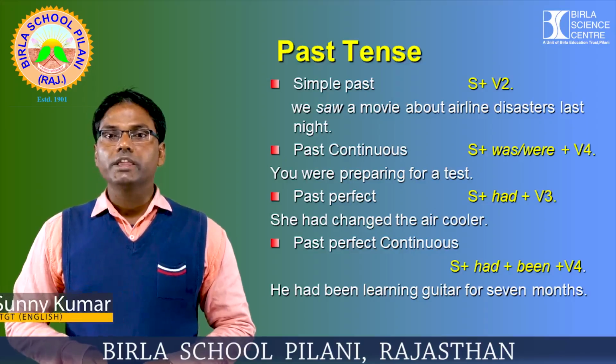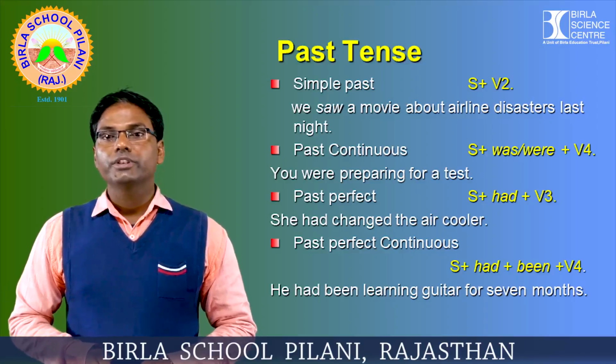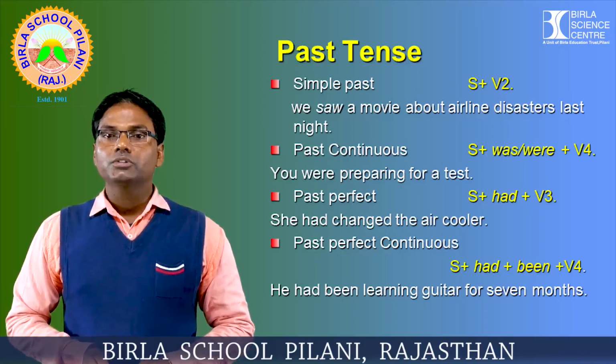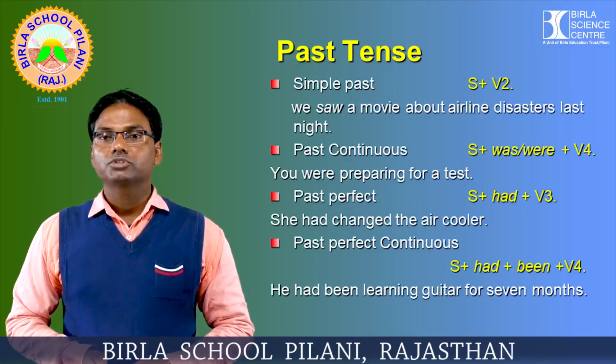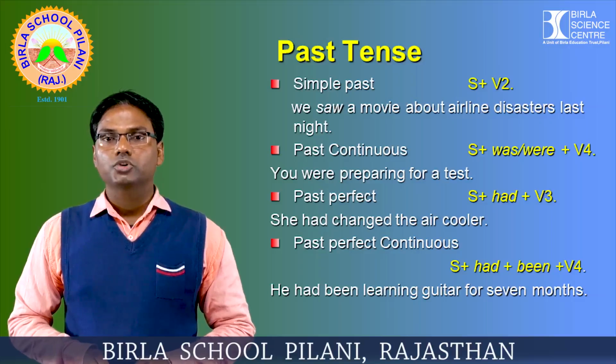Now let's study simple past in detail. You know that all these tenses or sentences have three forms which we study. If we want, we can also make a fourth form of sentence, which will be present or past or any tense with its interrogative negative structure.